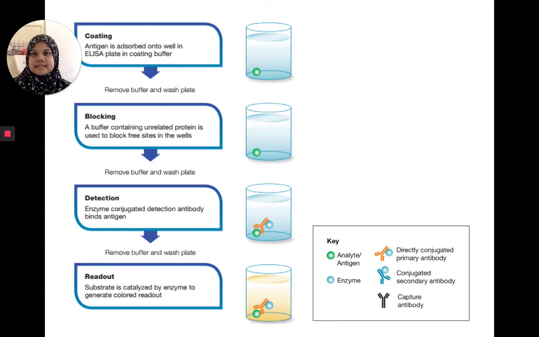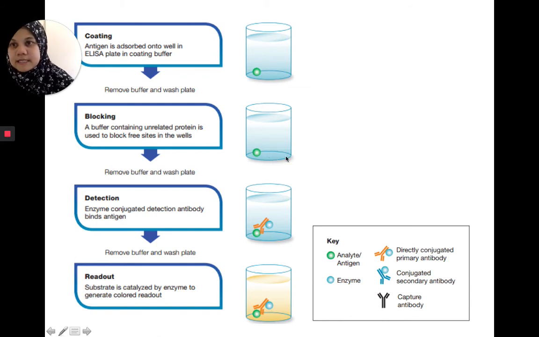So how does an ELISA work? The basis is that you've got these plates that have wells. The wells usually are 96 wells per plate, and you can put the antigen on the surface or the bottom of the well. This is called adsorption. The antigen is adsorbed onto the well with a buffer that helps it stick, and then you add another buffer that blocks all surfaces that are not occupied by the antigen.